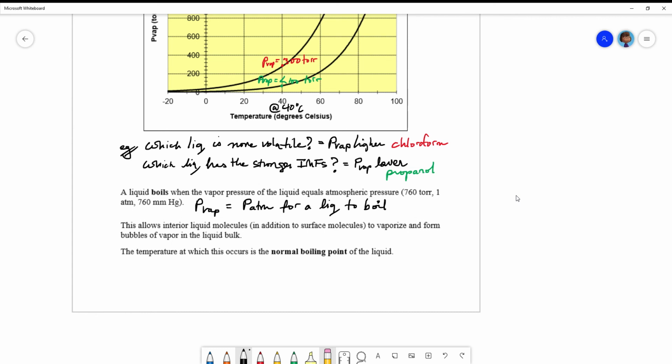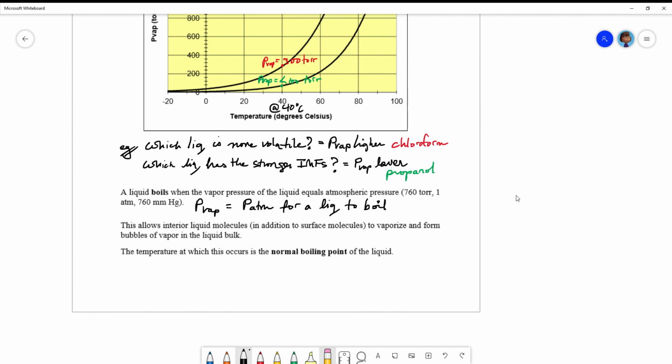This is really important for boiling. For boiling, interior liquid molecules need to be able to vaporize. They weren't able to vaporize before because atmospheric pressure was too large. So every time those liquid molecules in the interior tried to vaporize and make bubbles, atmosphere smashed them flat.